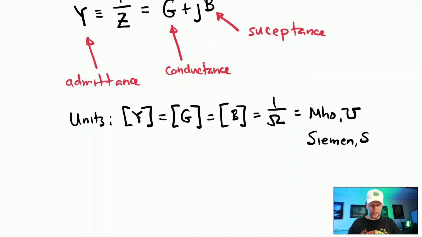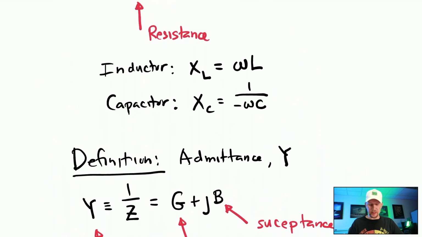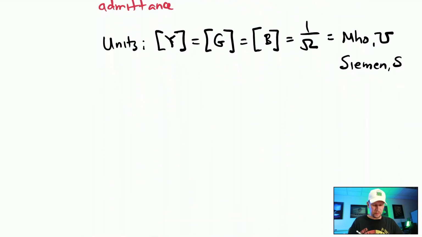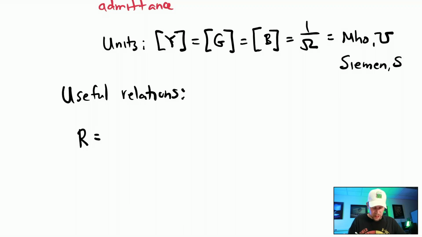One last thing worth noting is there are ways in which you can calculate, for example, resistances, reactances, conductances, and susceptances if you have the other. I'm going to state these without proof, so there are some useful relations here that may be worth writing down. First, if you happen to have the conductance and susceptance, then the resistance is G divided by G squared plus B squared.